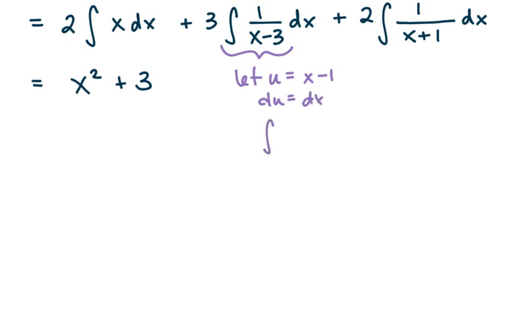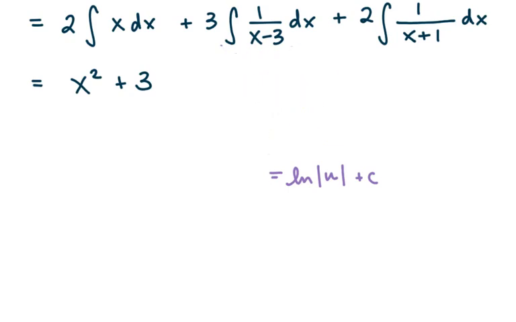We are dealing with the integral of 1 over u du, or the natural log of the absolute value of u plus C. So by that u substitution, we end up with the natural log of the absolute value of x minus 3, subbed in for u. And we have plus 2.